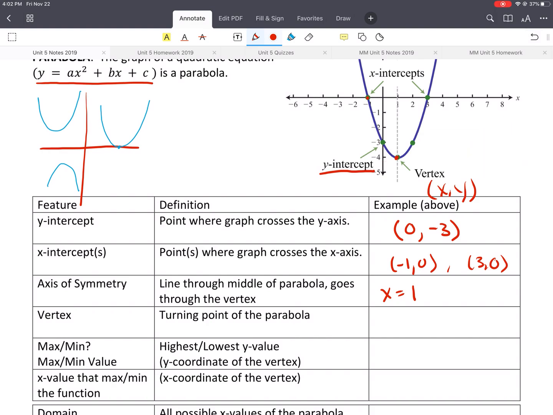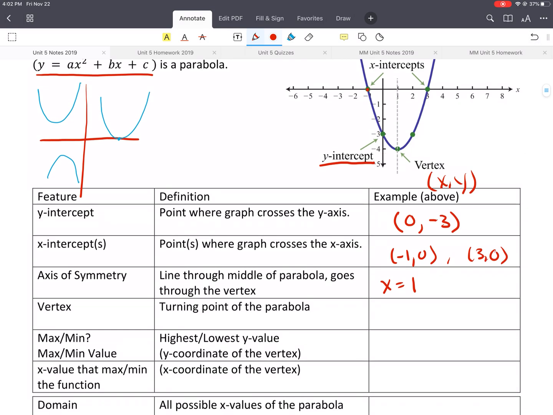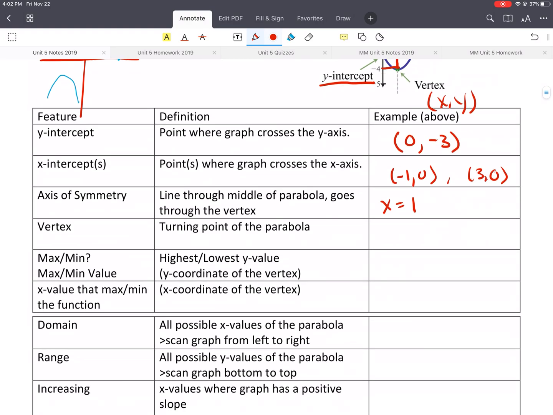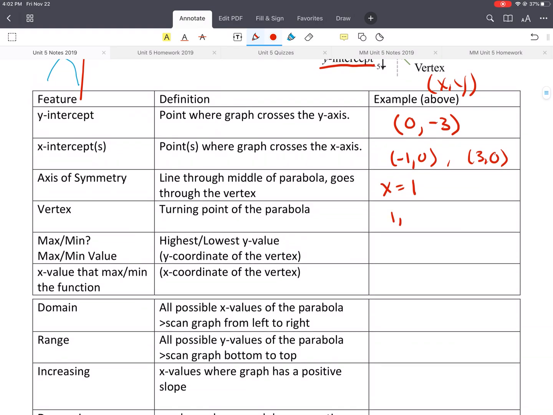So in this situation, the vertex is (1, -4). And make sure that whenever we write ordered pairs, it's always in a parenthesis. So don't ever write it without a parenthesis.